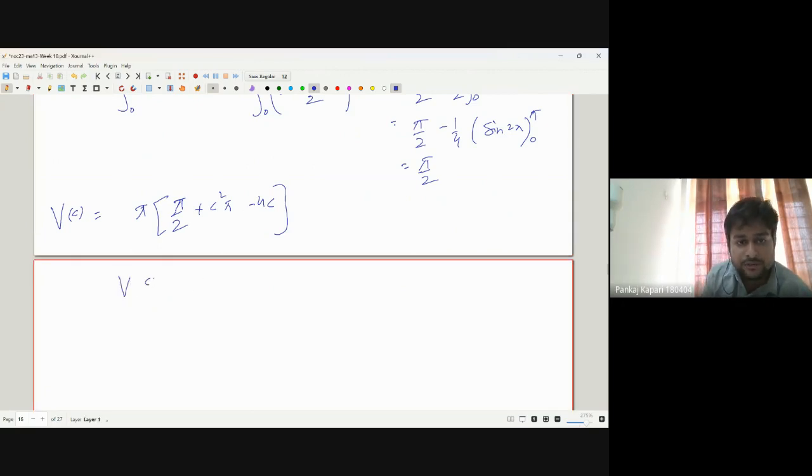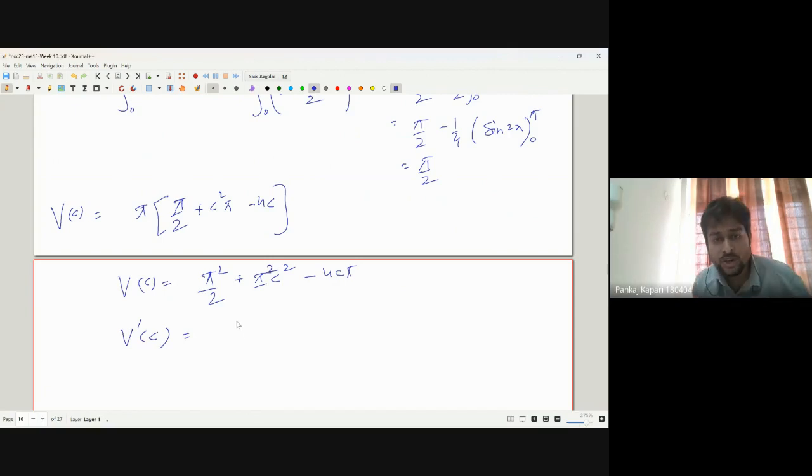So let's write V(c) like this: pi square by 2 plus pi square c square minus 4c pi. The critical point is where the derivative becomes 0. So the derivative is 2c pi square minus 4c, and this becomes 0 if and only if.